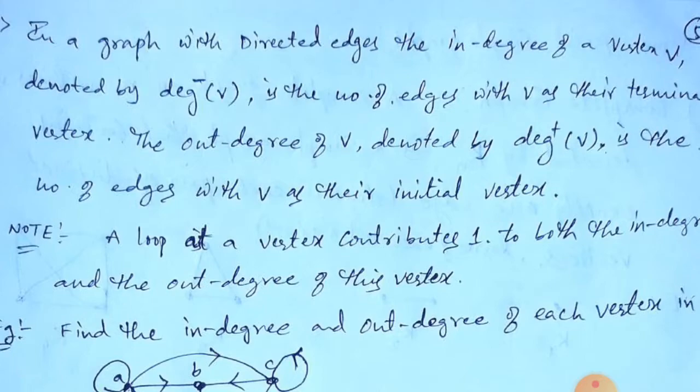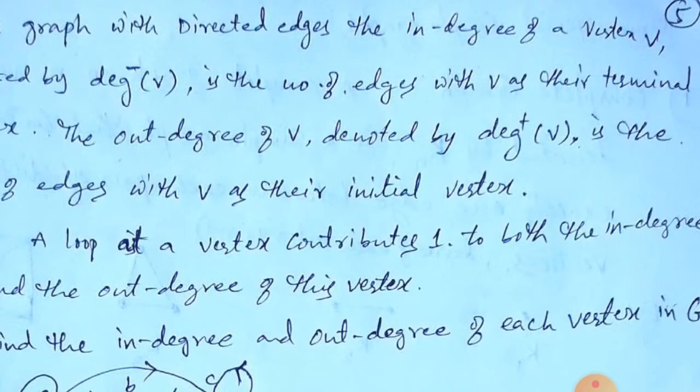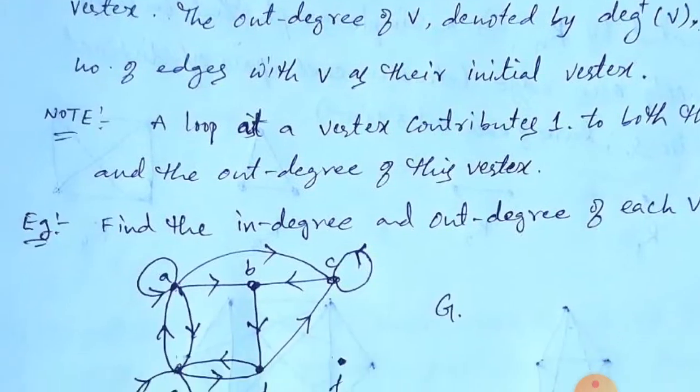Simply remember, in degree means how many edges are incident towards that vertex, that is, there is an arrow towards that vertex; just calculate those edges. Out degree of a vertex means just calculate how many edges have the arrow mark going outside from that vertex.